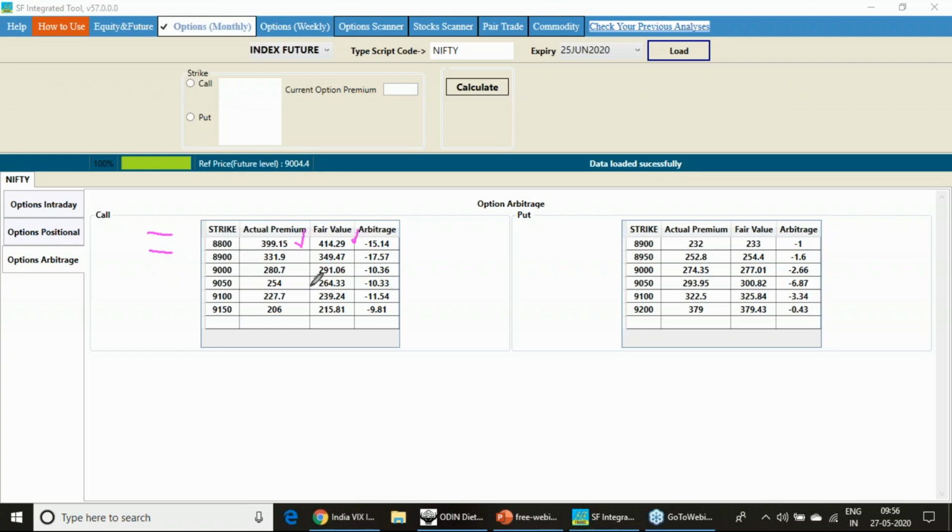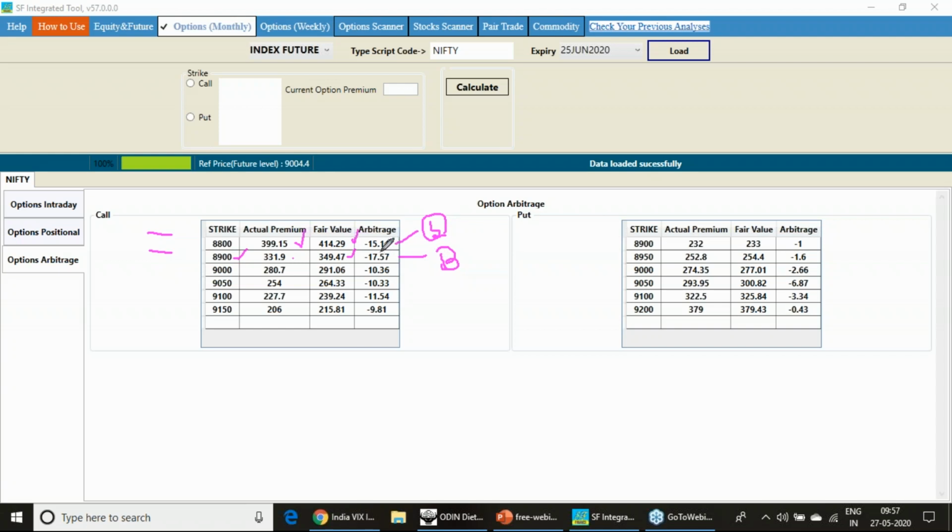The 8,900 call option, the actual premium is this, it should be trading at 349. If you want to pocket that difference, you can buy this one and sell the 8,800 call option. This 2 rupees 40 paisa difference you can pocket.